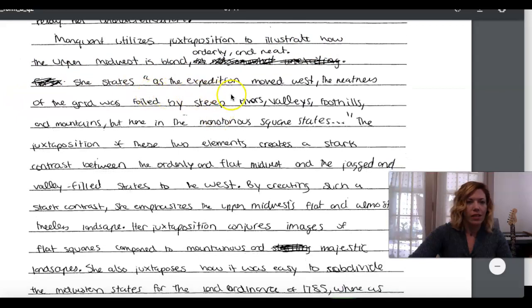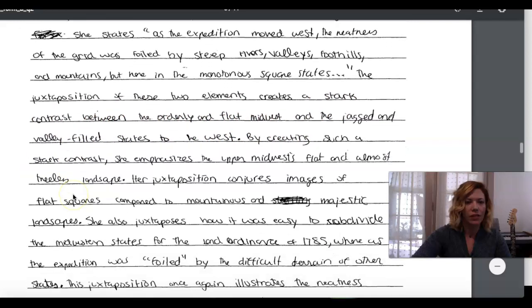She states, as the expedition moved west, the neatness of the grid was foiled by steep rivers, valleys, foothills, and mountains, but here in the monotonous square states. The juxtaposition of these two elements creates a stark contrast between the orderly and flat Midwest and the jagged and valley-filled states to the west.